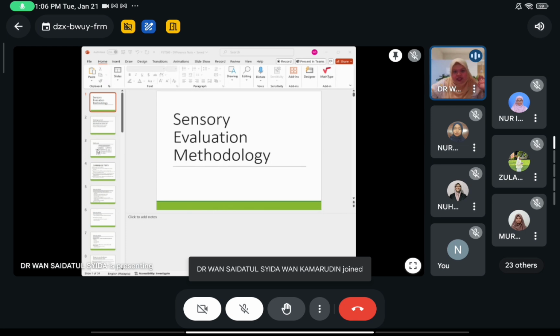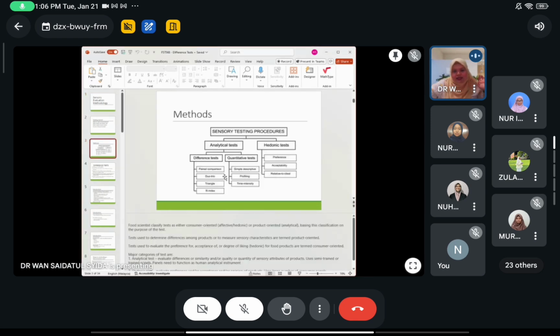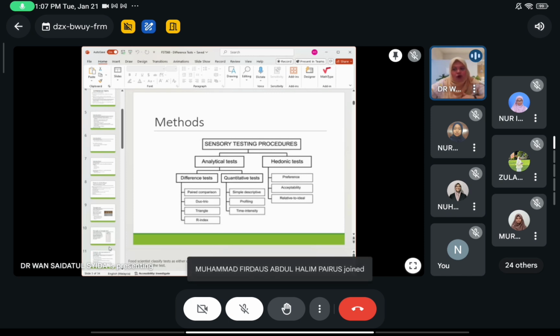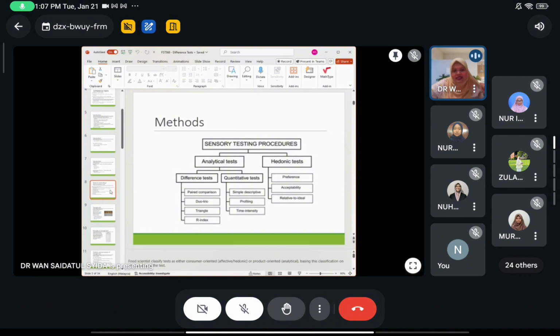In difference tests, you have these methods: paired comparison, duo-trio, triangle, A not A test, and then you have multiple comparison test, and then you have 2 out of 5. So for all the different tests, you should know the principle.